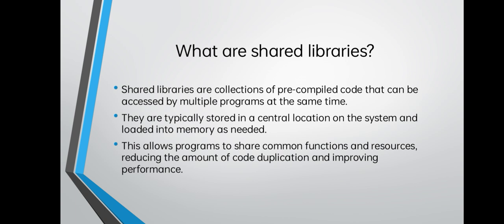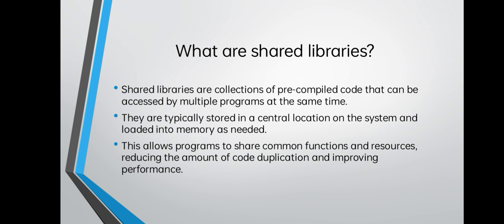So these are libraries which are stored and you are using them; they are shared libraries. Shared libraries are collections of precompiled code, so the code has already been compiled and you are reusing it. They are typically stored in a central location on the system and loaded into memory as needed.